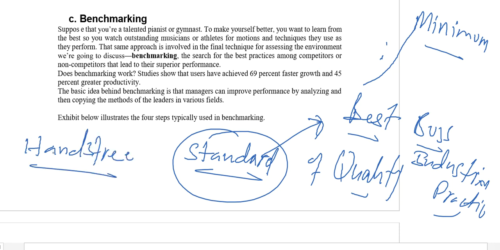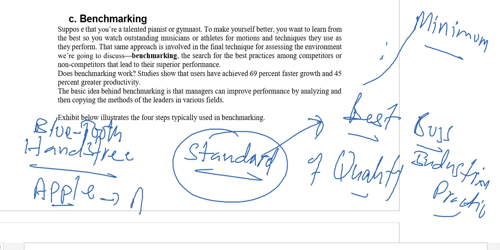For example, if we want to purchase a Bluetooth hands-free, we can see that the benchmark or the best practice in the industry of mobile accessories is Apple, which has the best quality.